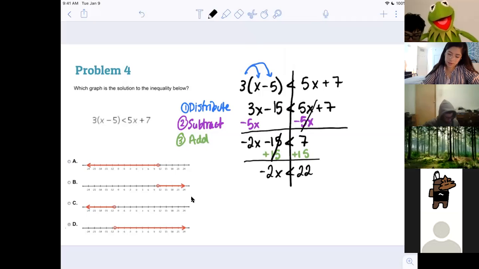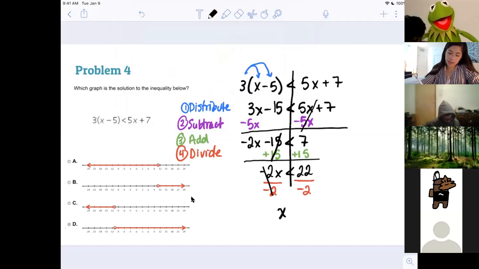And finally, divide. I divide. And what happens here? The sign will flip. The sign will flip because I'm dividing by what? A negative number. A negative number.